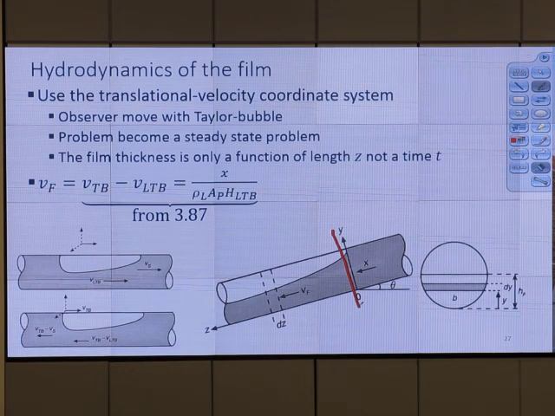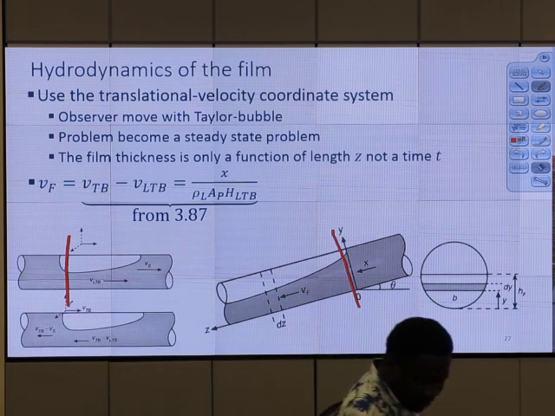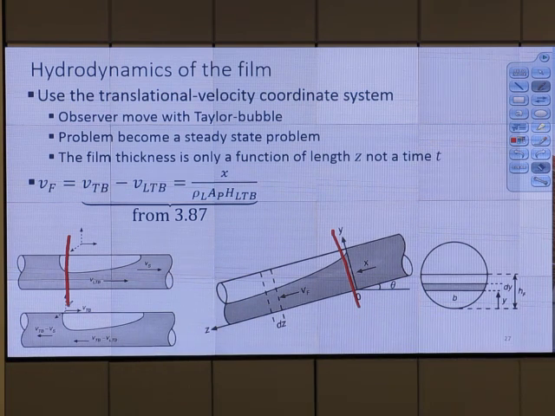And HLTB is lowest maybe over here, correct? So when HLTB is highest, VF is lowest. So this means over here, VF is lowest and VF becomes higher, higher, higher.